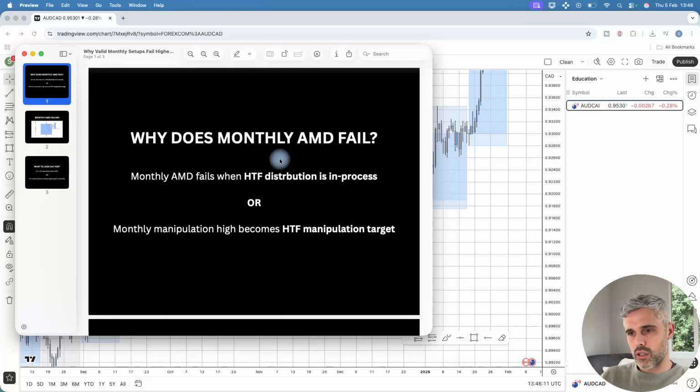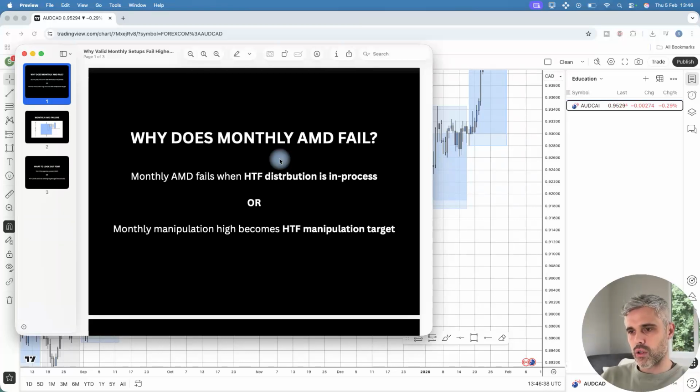So think about it. On the 3-month time frame, price has accumulated. At that exact point, monthly price has manipulated. There's still a reason potentially for price to want to hunt that high, because while it's a monthly manipulation, it's a 3-month accumulation. So lots of words, but just study that. Take your time to go through that and understand it.